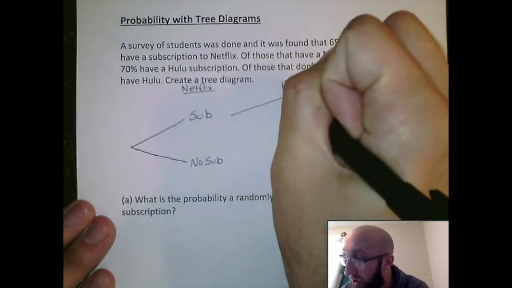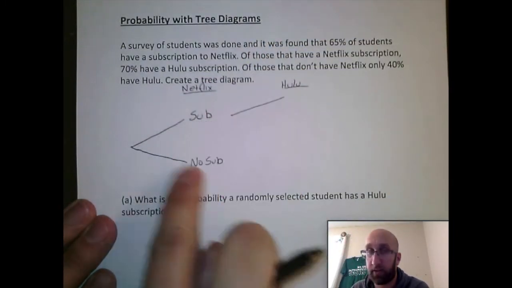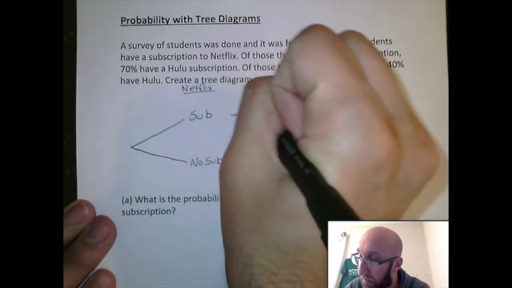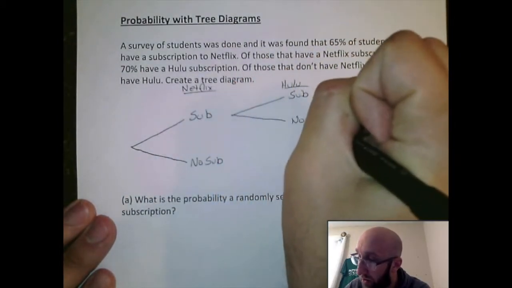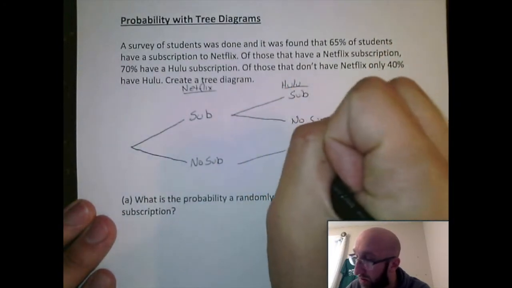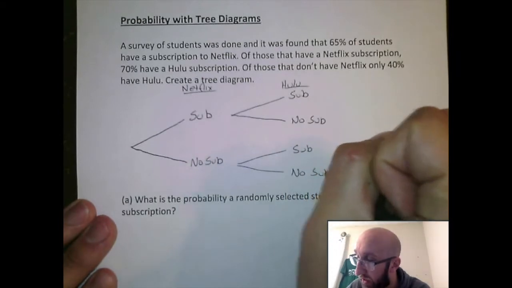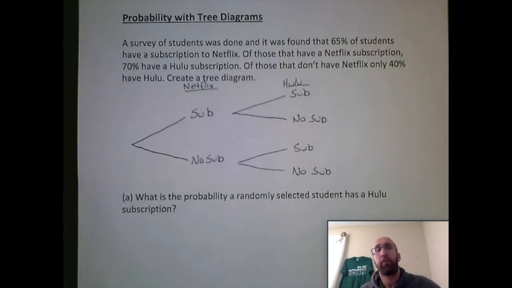So we're going to branch out from my Netflix branches, branch out again under Hulu and say sub or no sub. They either have a subscription or they do not. So the first thing I do is set up categories. Don't even worry about the numbers yet. Set up in categories what is going on.